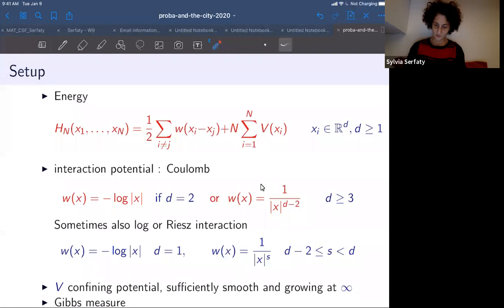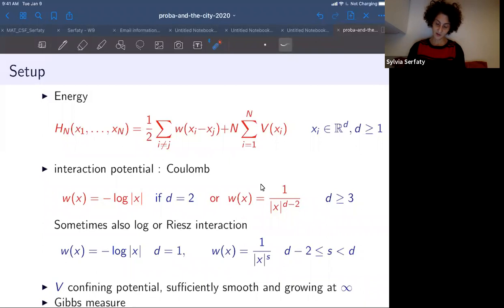Okay, so in dimension 2, Coulomb is minus log of the distance, and in dimension 3 and larger, it's 1 over distance to the d minus 2. Of course, this is up to multiplicative constants, if you want. And some of the things I'm going to talk about also work in the case of non-Coulomb interactions.